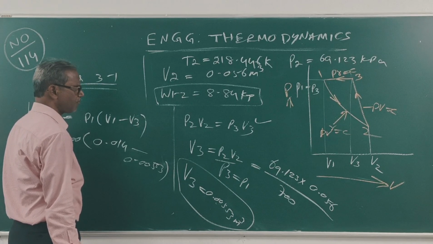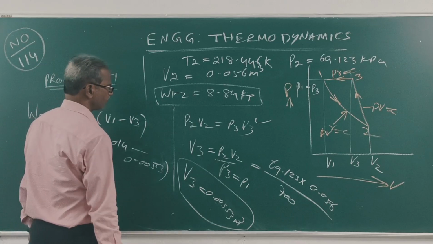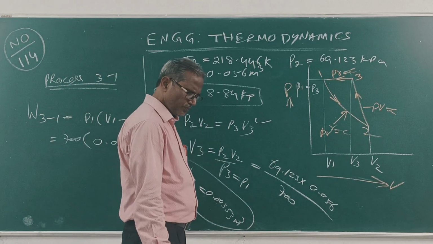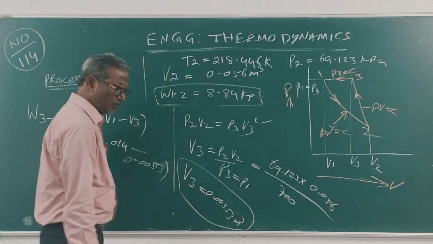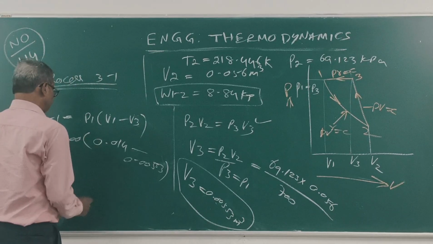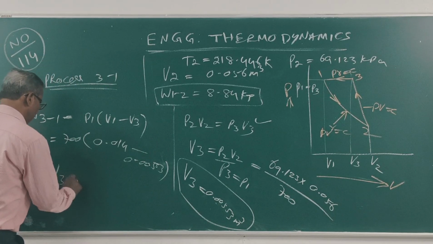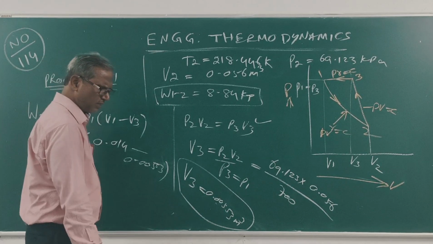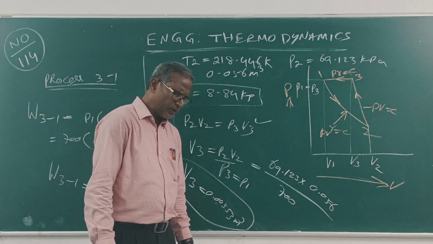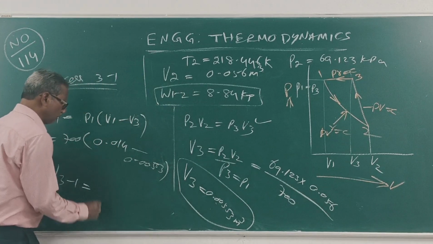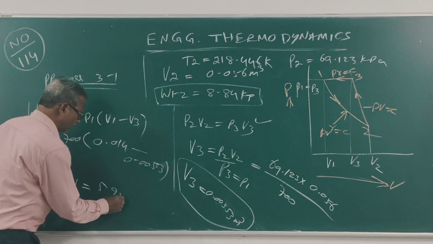Clear? Now what is work done? Work done is equal to P1 into V1 and V3. So this is work done. W31 is equal to, this answer is 5.98 kilojoule.